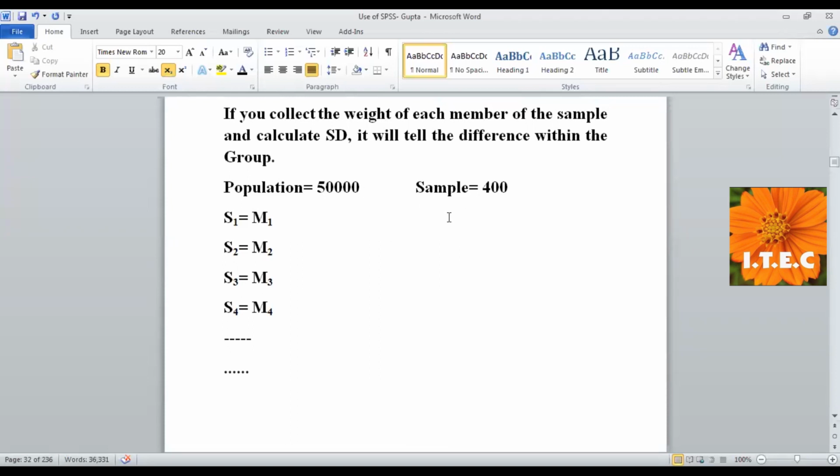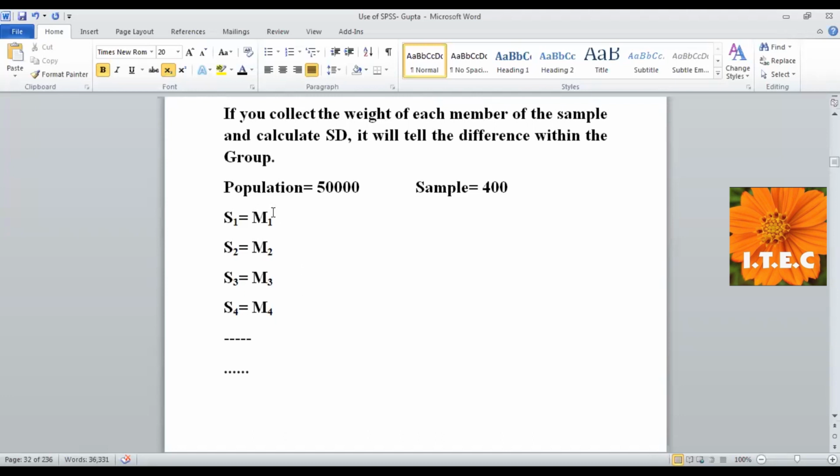And in this 400, it is quite possible that there may not be anyone who was in the first draw, or some of the people might get repeated in this. It doesn't matter. But you again have 400. Take the weight of 400 and take the mean. It is M2. Like this, you keep on repeating.